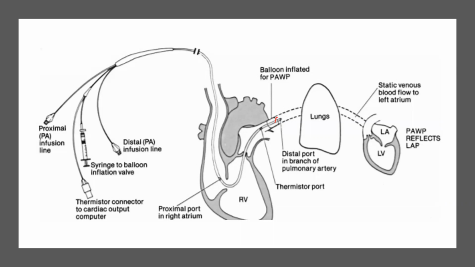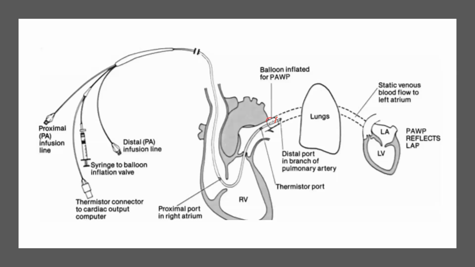Okay, so during the placement of this catheter, we are able, therefore, to monitor the pressures of each of the chambers that we're going to go through, the right atrium, the right ventricle, as well as the pulmonary artery.